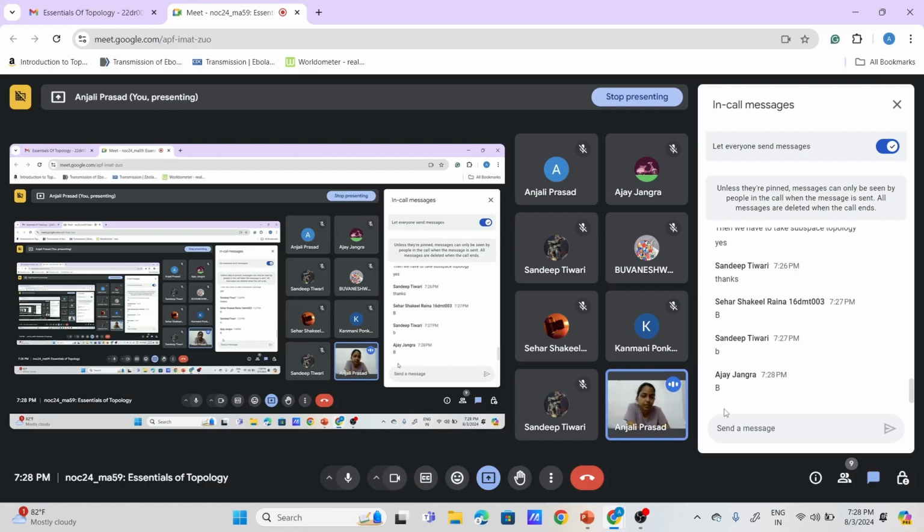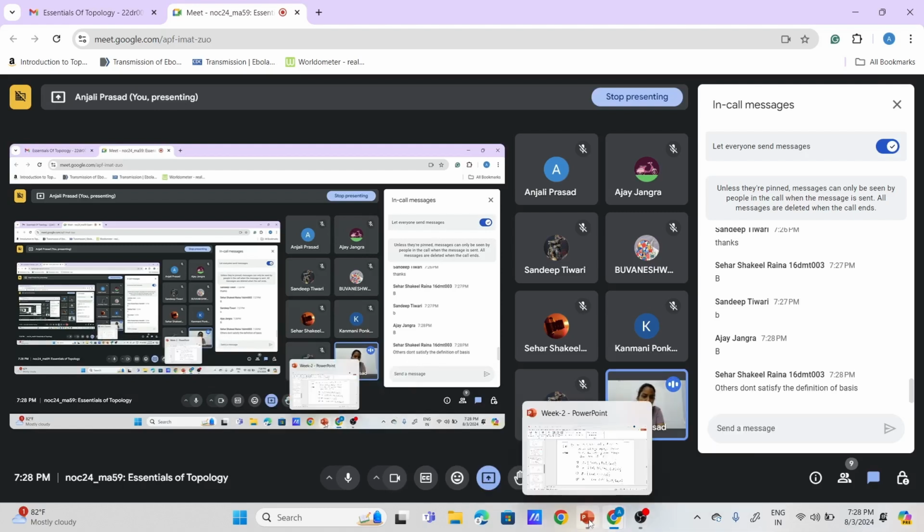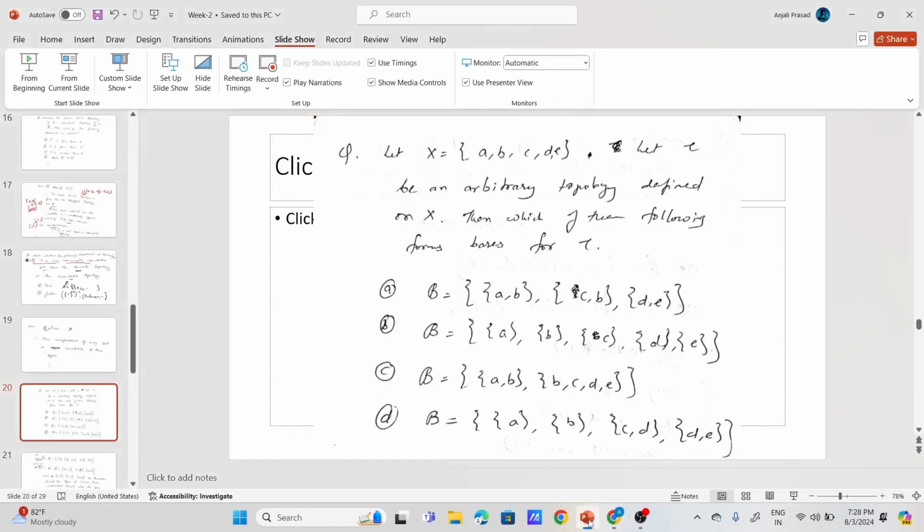So you're all saying B. What about the others? Okay, so the other options don't satisfy the definition of a basis, right?